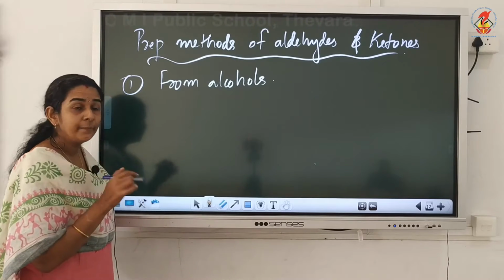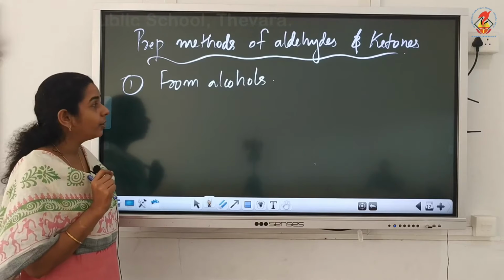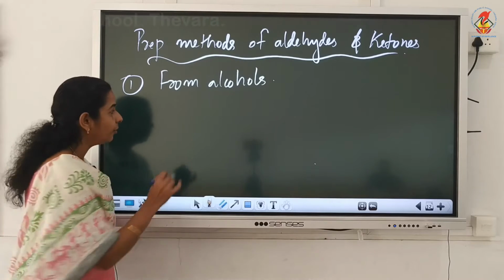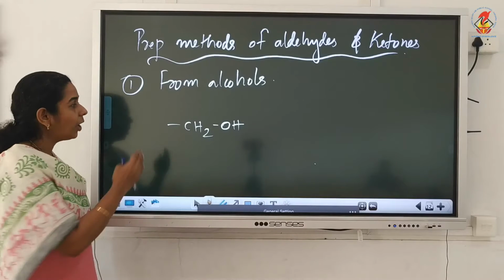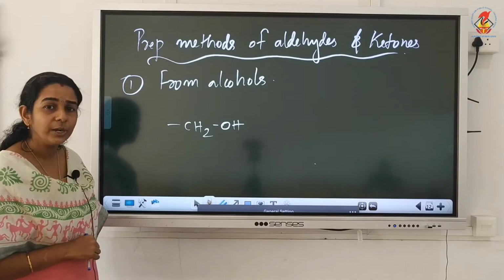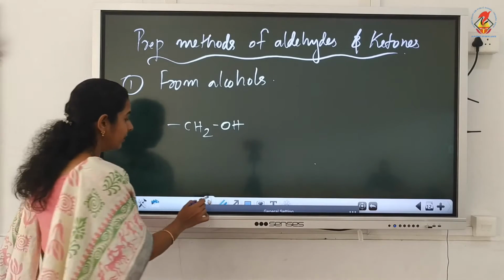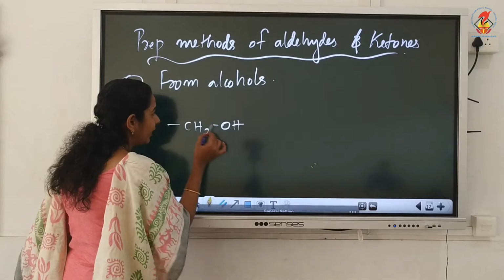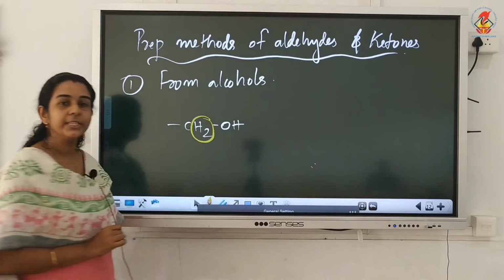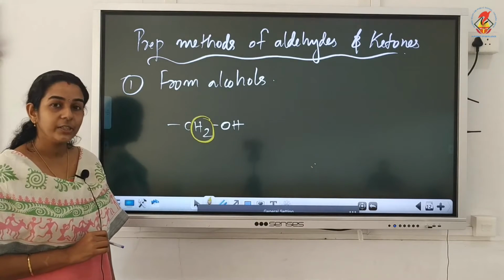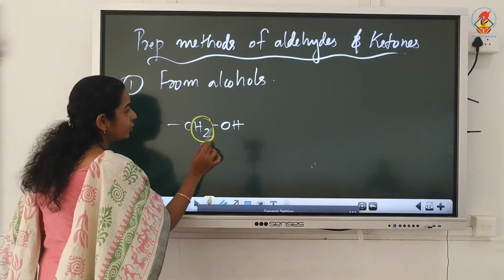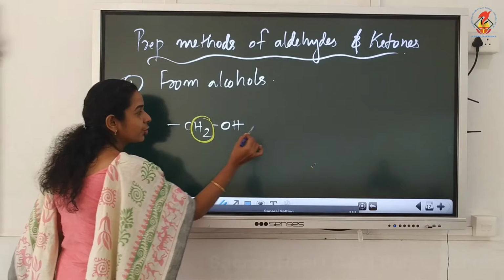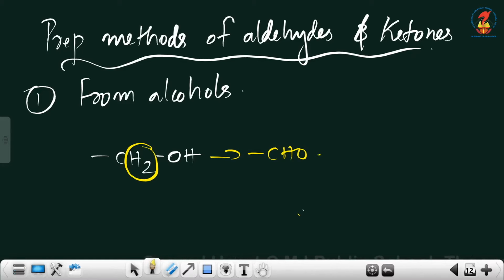We know the general formula of a primary alcohol. Primary alcohols will be CH2OH. How can we convert this primary alcohol into an aldehyde or ketone? Suppose I remove this hydrogen from this primary alcohol, CH2OH, what will it become? CH2OH will become CHO, isn't it?